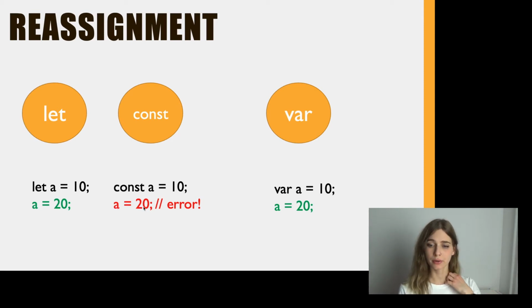It will throw an error because for our program, this is a constant value. This const a already has a value, and it won't accept a new value. For let and for var, it's slightly different, and these two are quite similar in this case because we could give it a new value. You can reassign let or var with a new value.